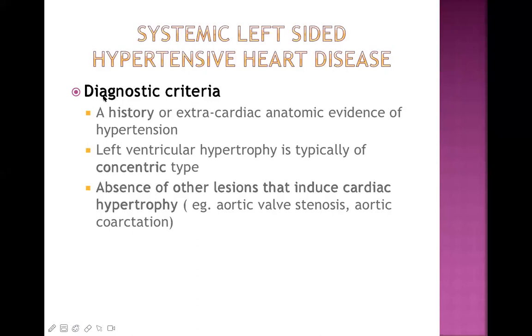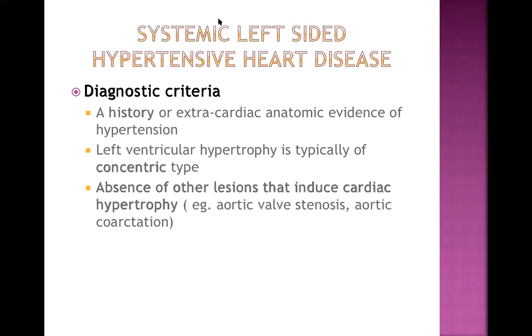Now, some diagnostic criteria are there for hypertensive heart disease on the left side. A history or extracardiac anatomic evidence of hypertension should be there. A history of hypertension is provided by the patient. We ask this question and the patient says, yes doctor, I have had increased blood pressure for the last 10 years and I am taking medicine.